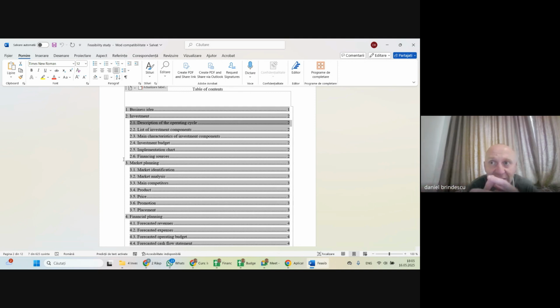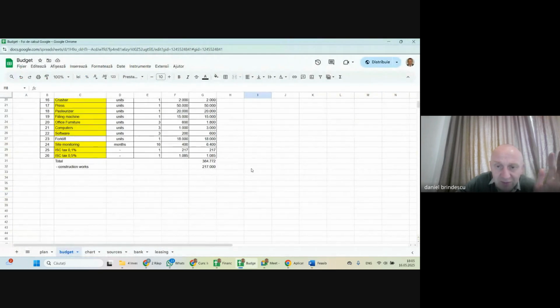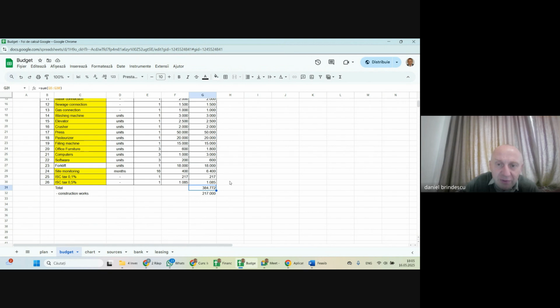Whether it was land, different types of buildings, different equipment, furniture, computers, trucks, software, and I don't know, other types of fixed assets. So we got to an investment budget. In my case, the total value of the investment budget was, as you can see, almost 400,000 euros, 384,000.